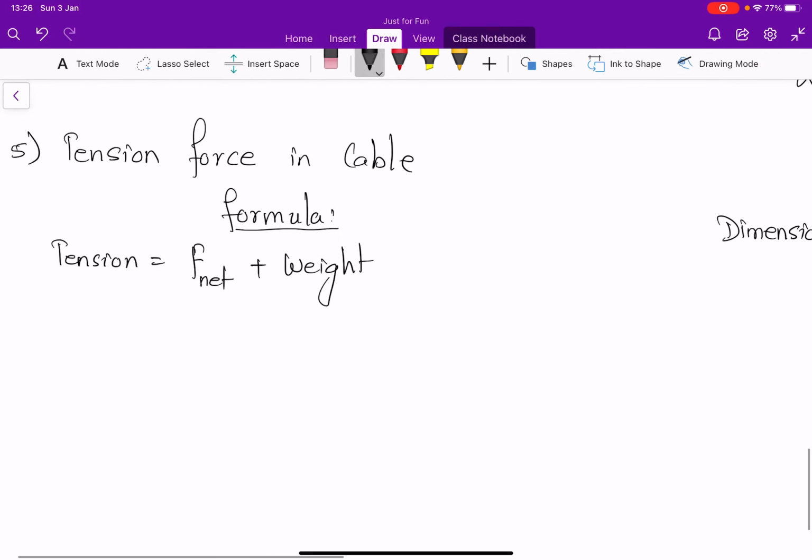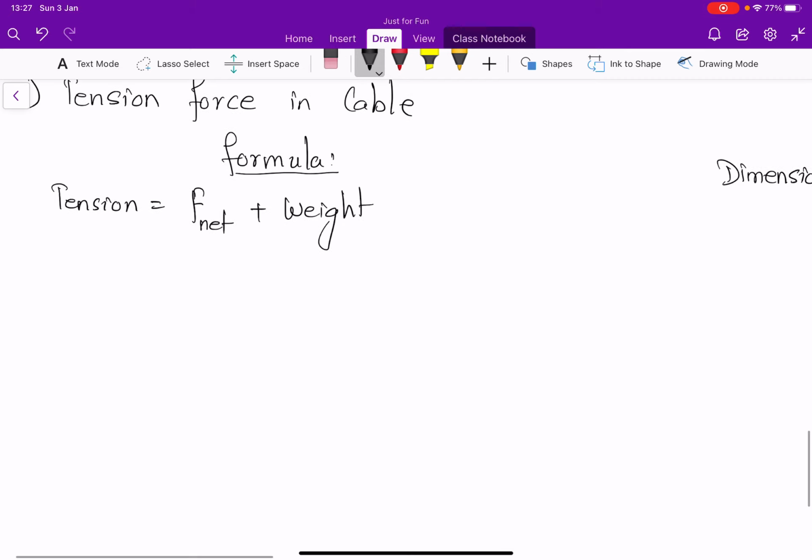You can see here the net is balanced by tension plus the weight. They will cancel out each other. So I have written tension as simply your net result plus your weight, and your net is nothing but basically your mass times acceleration.